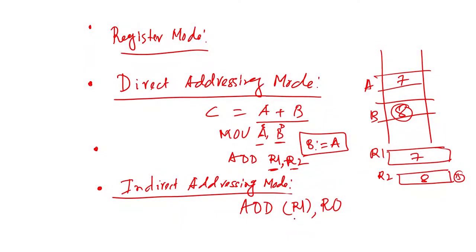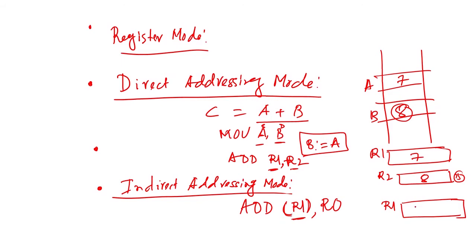Now, the next example is indirect. Why is it indirect? One of the operands is R1 within brackets. That indicates that the value of R1 directly will not be used in the instruction; rather, R1 contains a memory location, and whatever is in that memory location should be added with R0.